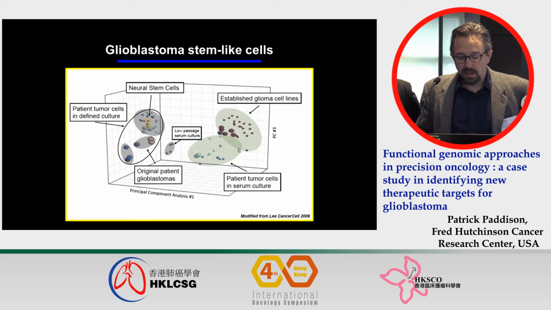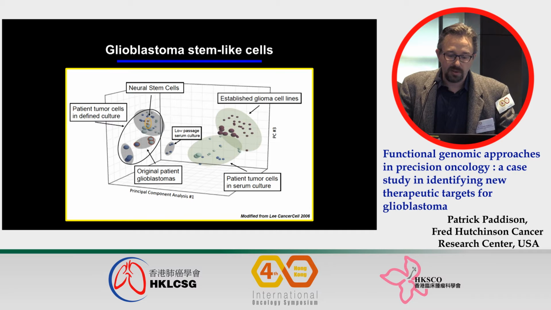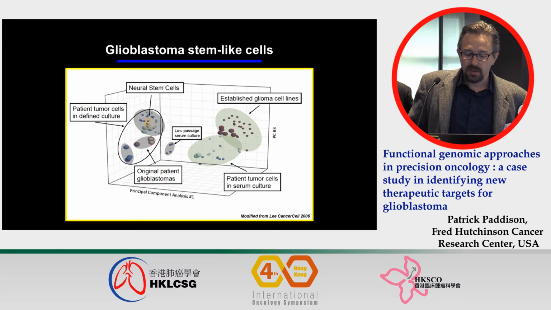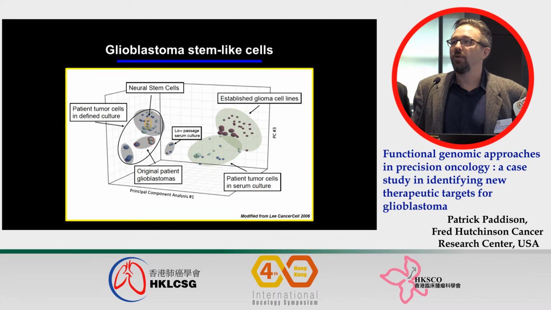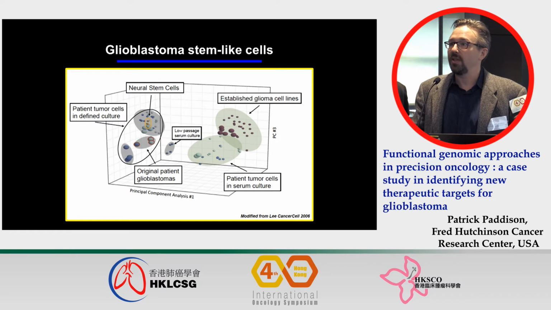But I think the thing that illustrates why they're sort of useful and cool is this, which is a principal component analysis of gene expression profiles of these isolates from glioblastoma that are grown in defined conditions, shown here, that sort of cluster together, or in serum, which is what, as you know, most of us grow cell lines in.